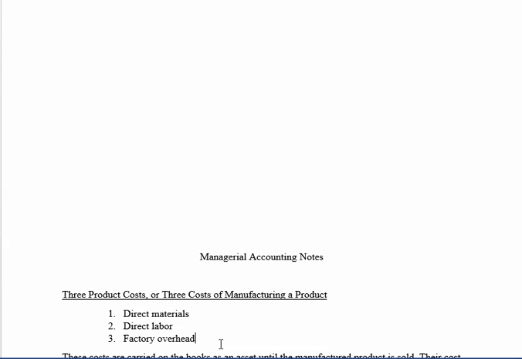Okay, but if it's the cleanup staff of the executive's offices, then it's not a part of the cost of producing the product, right? It's a cost incurred in the manufacturing facility typically that's not direct labor or direct materials. Insurance on the plant, depreciation on machinery, all those would be examples of factory overhead.